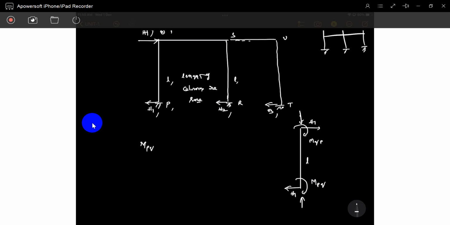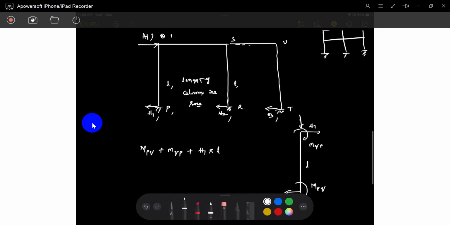MPQ plus MQP plus H1 multiplied by the height. Don't call it length, call it height: the column height, not the beam length. We have to mention it as HR, story height.